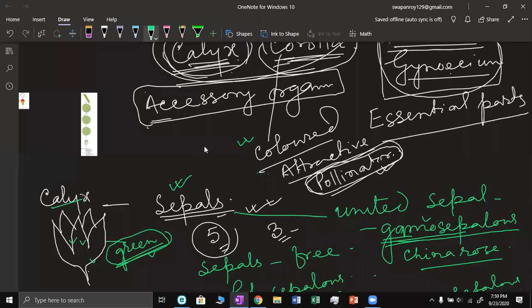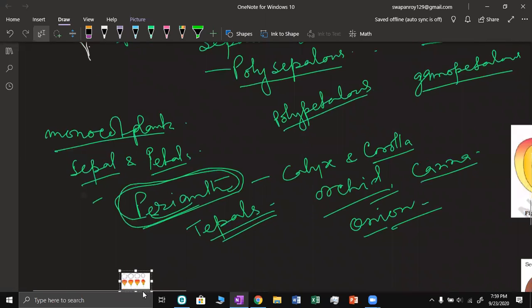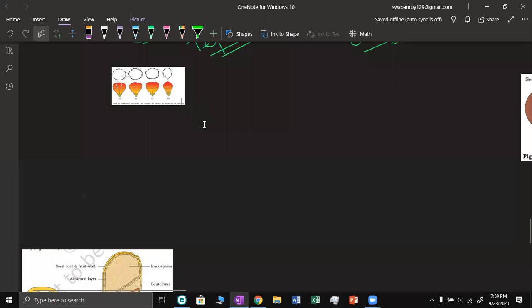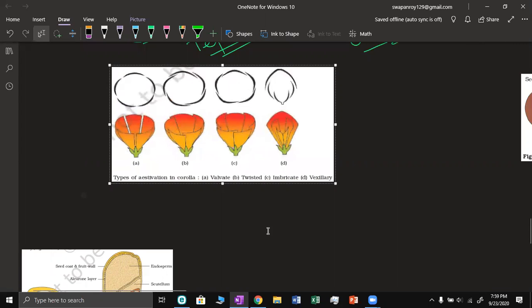Okay, let us see one of the very important characteristics of this calyx and corolla. You can see these drawings.